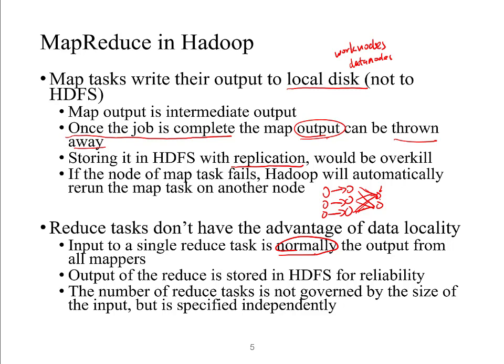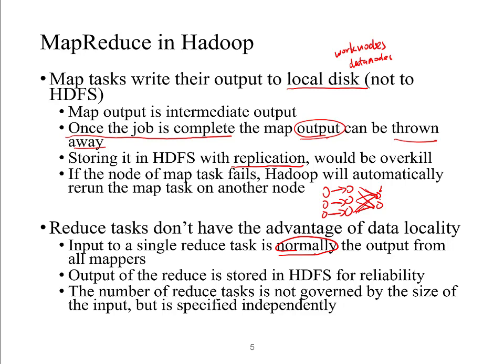The output of reduce is stored in HDFS for reliability, because if the output of the reduce is the final output, then definitely it would be stored in HDFS. If the task is iterative, like when we train a machine learning model, for each iteration we have a reduce task.